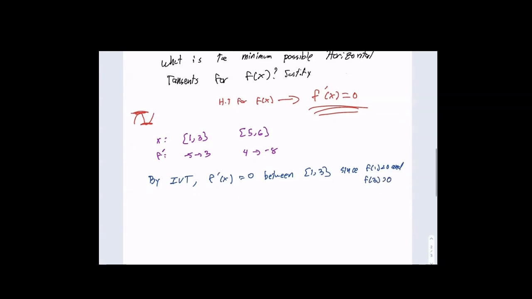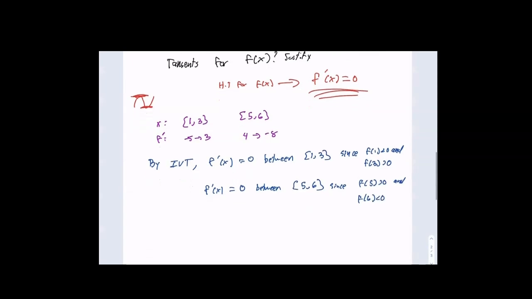By IVT, we're going from a negative to a positive on that interval, so somewhere along the interval f prime had to be equal to 0. Also, f prime of x would equal 0 between 5 and 6, since f of 5 is greater than 0 and f of 6 is less than 0.